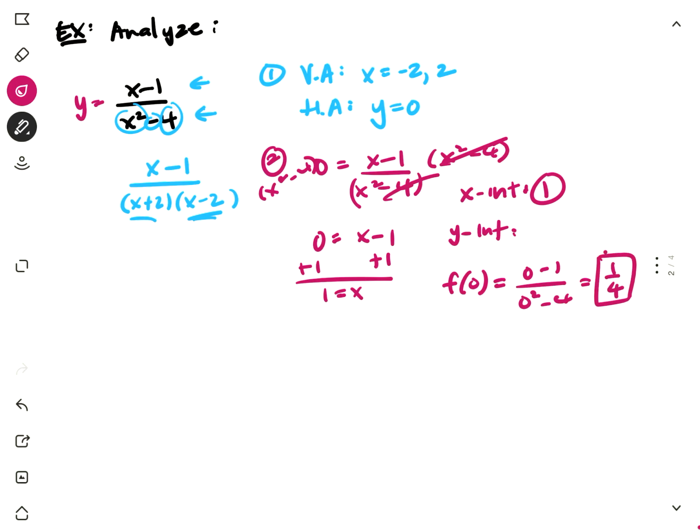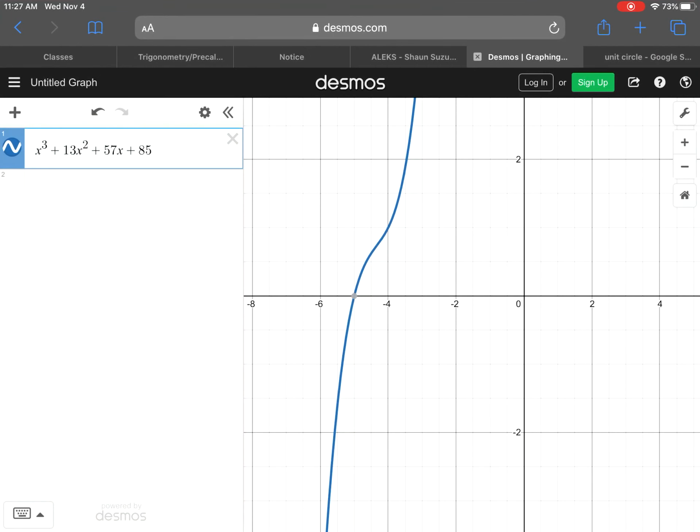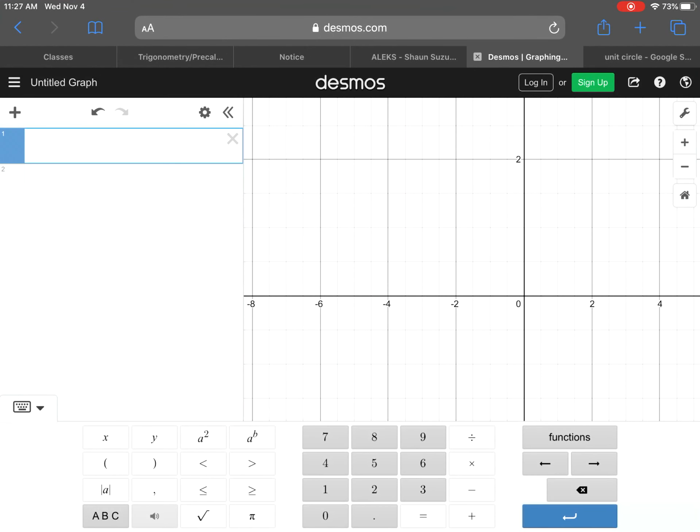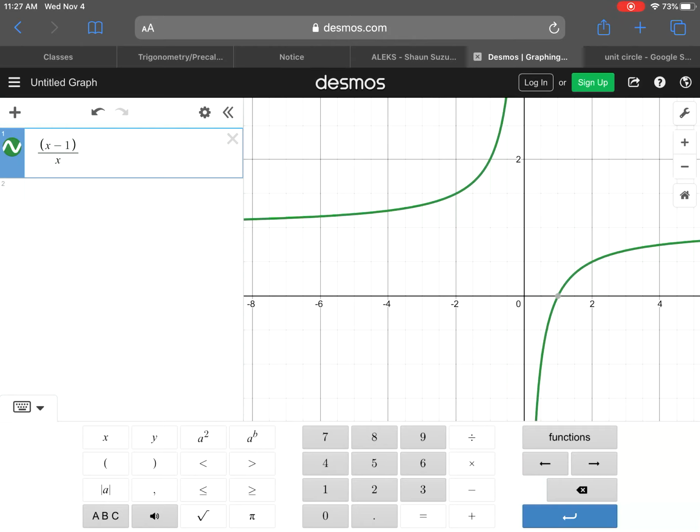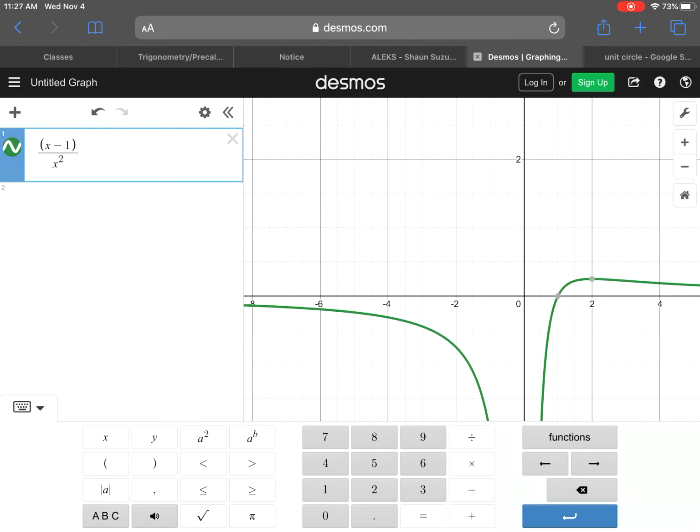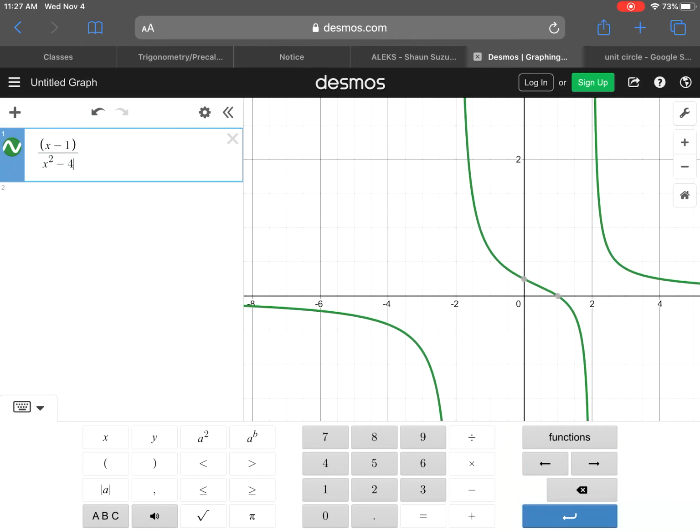Okay, and then it says checkpoints, but at this point, let's just see that our graph is correct. So x minus 1 over x squared minus 4. And let's just check the points.